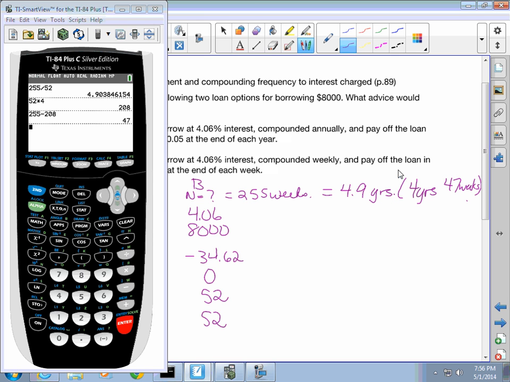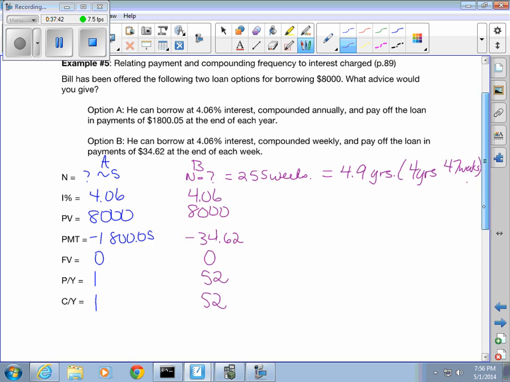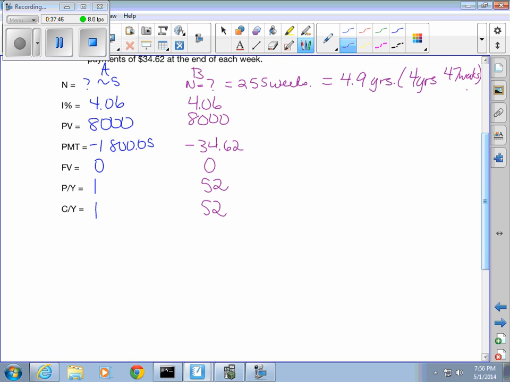So then what you need to do is you need to say, okay, so how much did they actually pay for this loan? So for this loan here, if they made yearly payments of $1,805, so once a year they paid $1,805, that means they paid a total of $9,025.